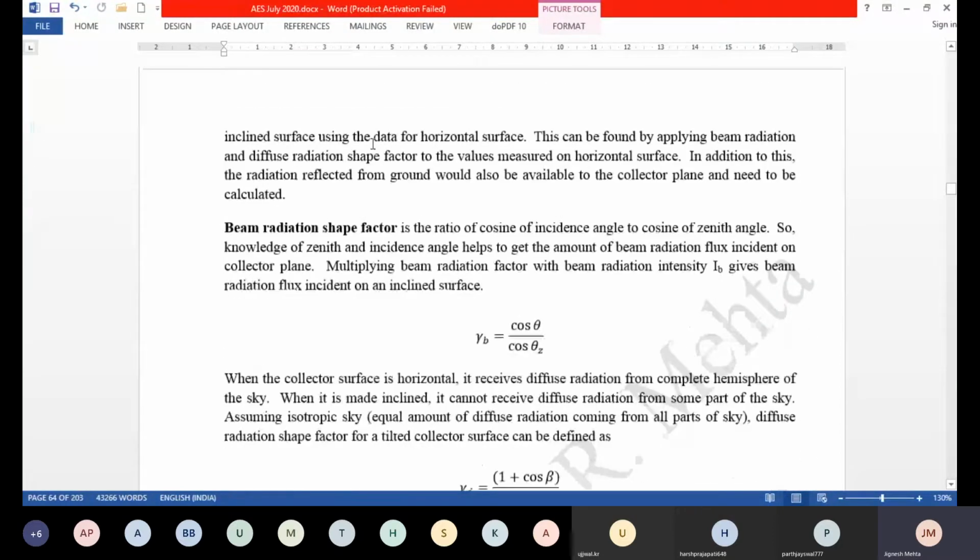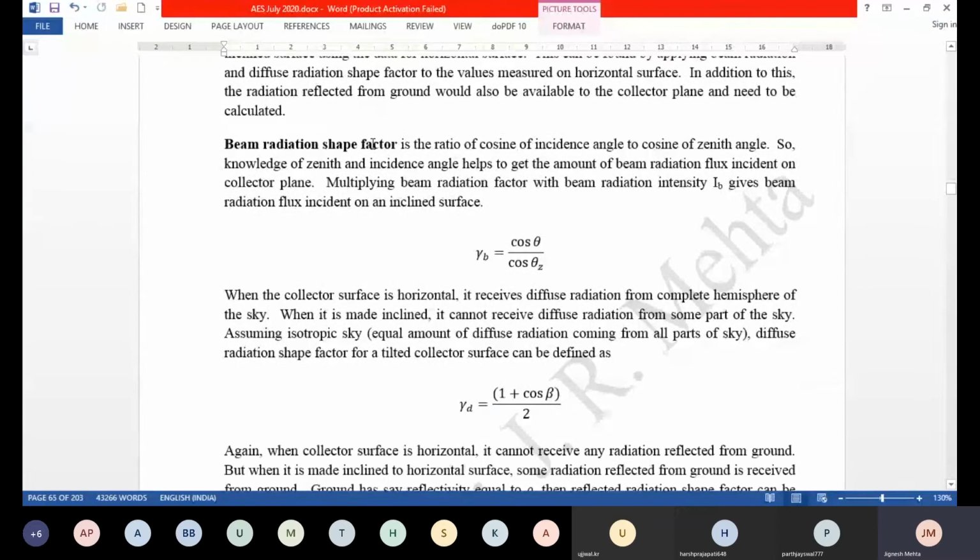The same thing may be represented like this. If you have the data for the horizontal plane and you want to get the radiation input in different parts, beam, diffuse and reflected, then how can you calculate the energy available on an inclined plane?